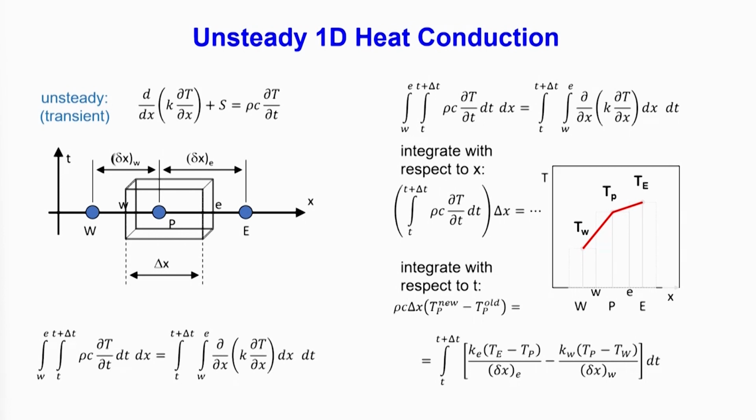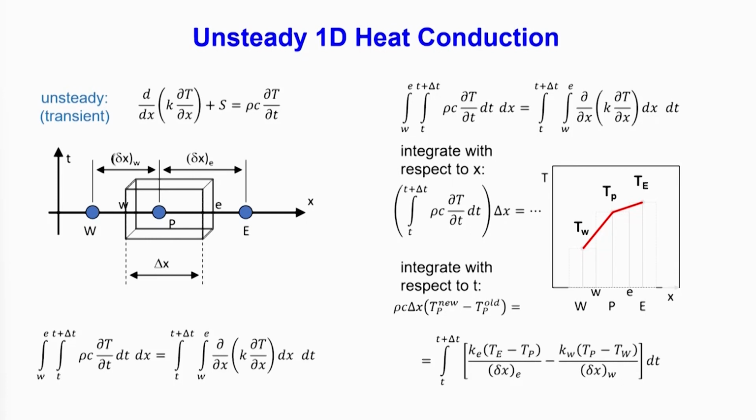So, when you have that dimension added, you have your time from t to t plus delta t and space from small w to small e. So, you are integrating some functions with respect to time. What are you integrating with respect to time?